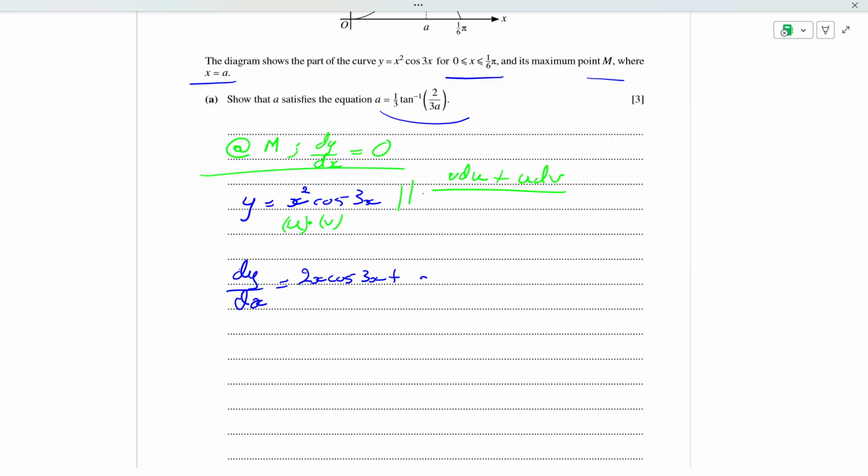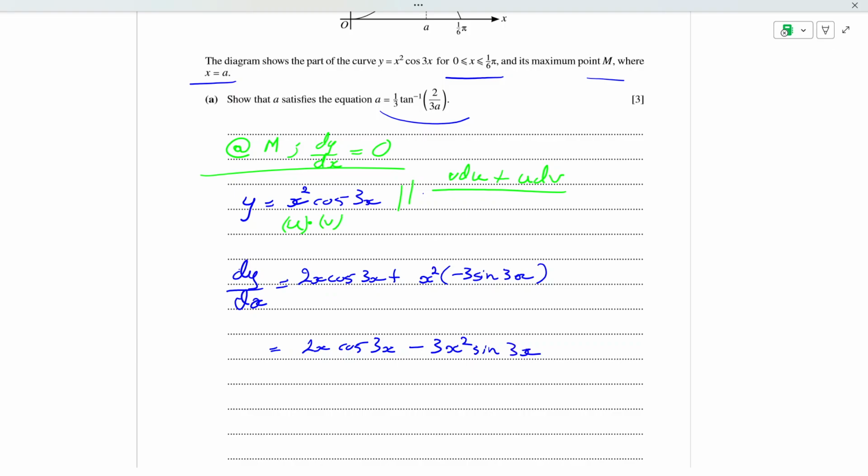When we do that, we have x squared multiplied by negative 3 sine 3x. And then we simplify that, it becomes 2x cos 3x minus 3x squared sine 3x.